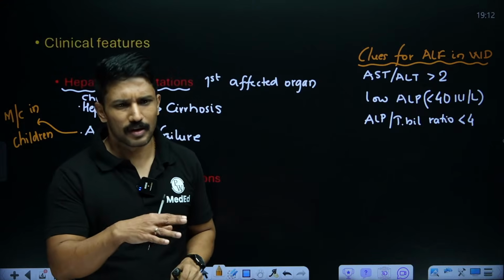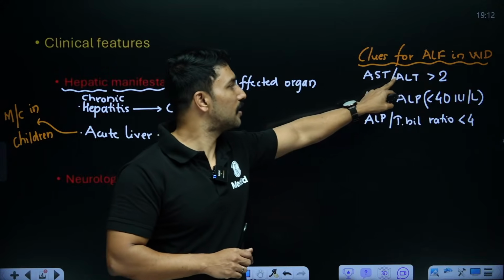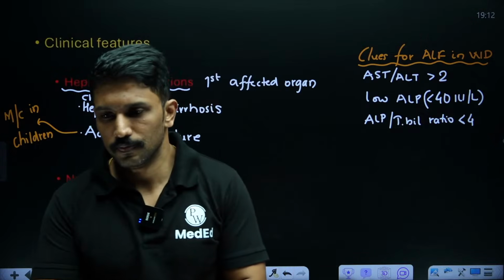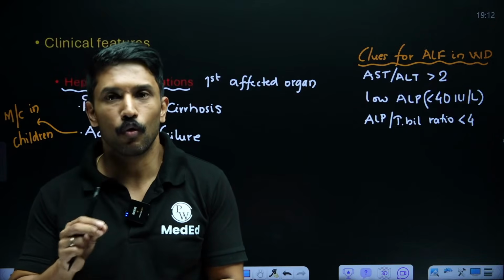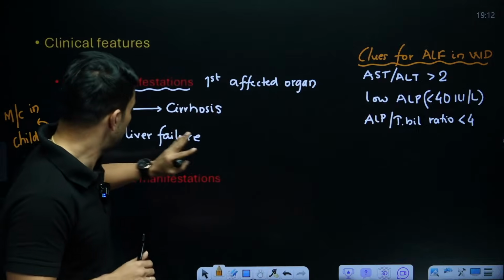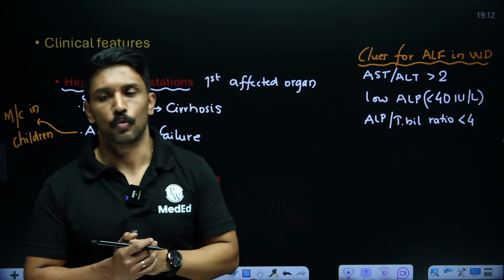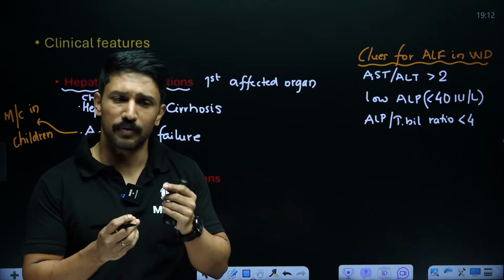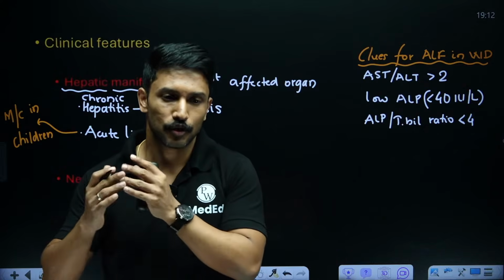And because we're talking about it, there's another important point. Can you name any other condition where you have an AST by ALT level more than 2, other than Wilson? Wilson is one important one. Wilson acute liver failure often presents with AST by ALT more than 2. Another condition, which is more common, I see at least one patient every 3-4 weeks where the AST by ALT ratio is more than 2.